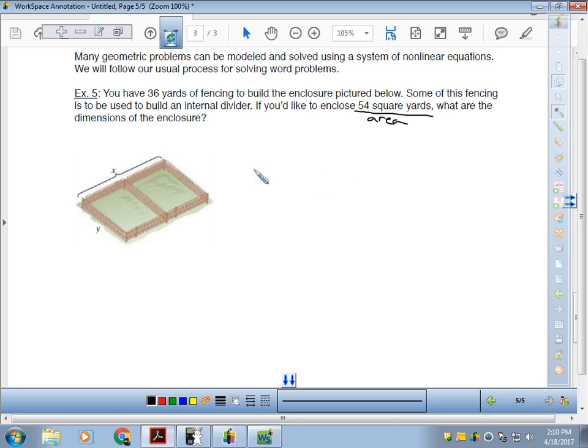Well, we actually have two different equations here. We have one equation that deals with area, and we have another equation that's going to deal with the fencing that we're doing. Now, if you don't remember, area of a rectangle is length times width. And in this problem, our length is x, and our width is y.